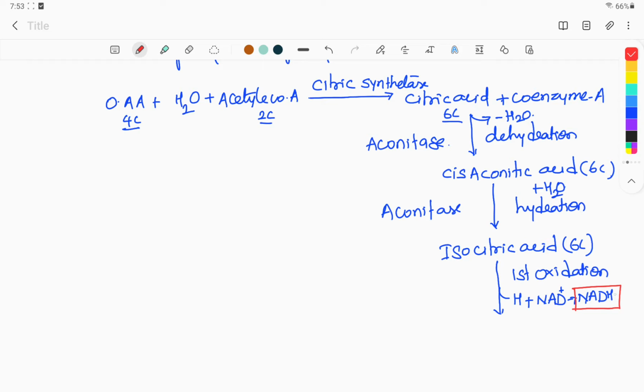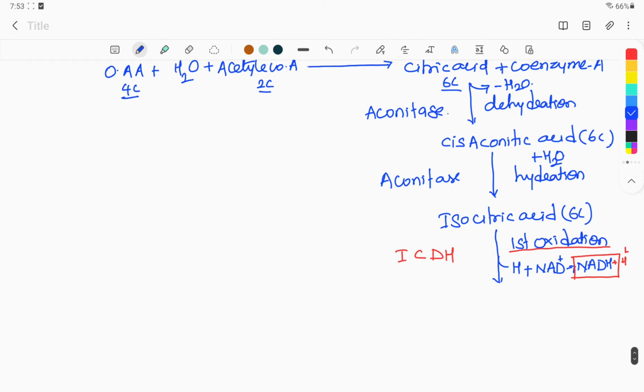In fact, it is NADH plus H plus. So it is the first oxidation here, and the name of the enzyme is isocitric dehydrogenase.